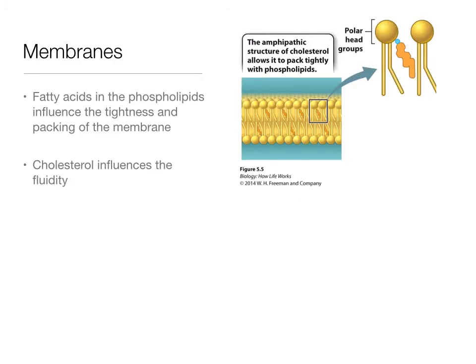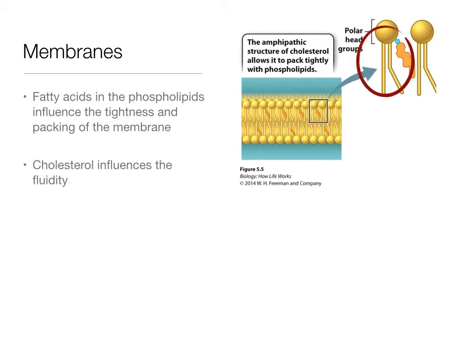Now, when membranes are formed, it is important to understand that the nature of the fatty acids found in the tails of the phospholipids will influence the tightness, the packing, in fact how fluid the membrane will be, and also how thick it will be. You remember that every phospholipid is made of one polar head and two fatty acid tails.